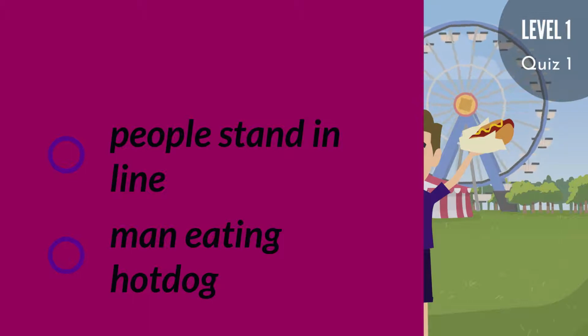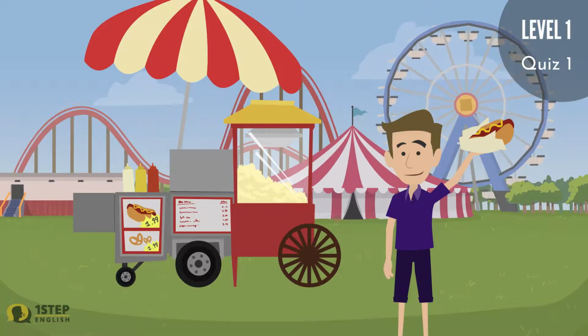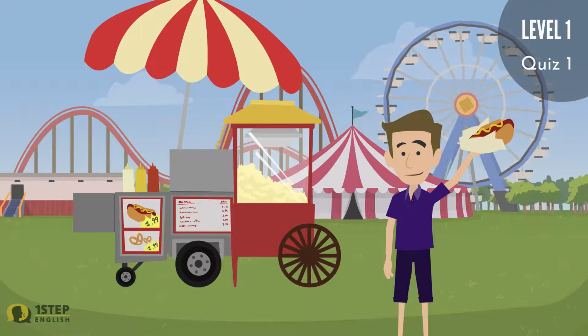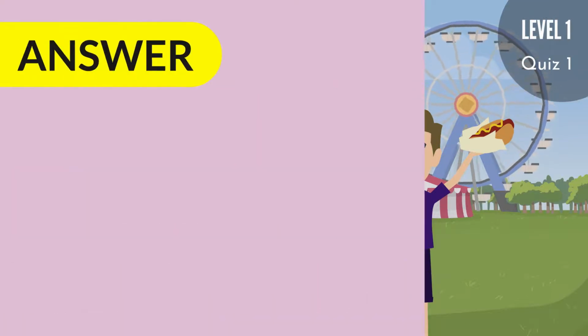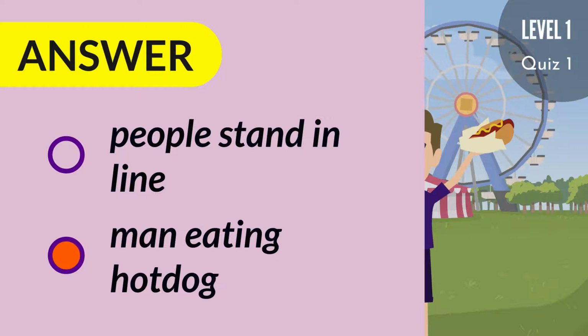Number 5. People stand in line. Or, man eating hot dog. The correct answer is, man eating hot dog.